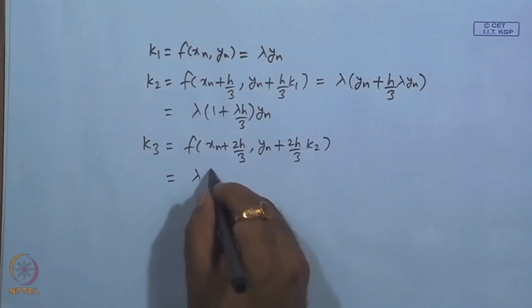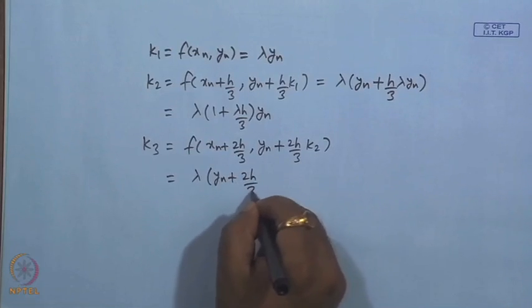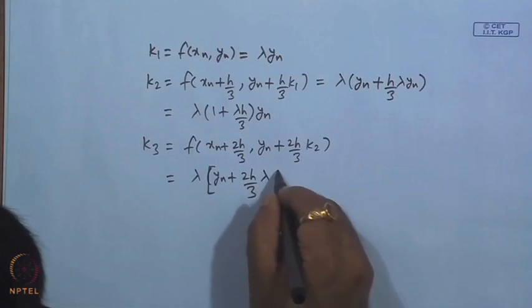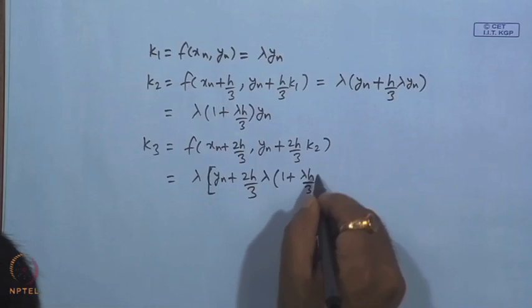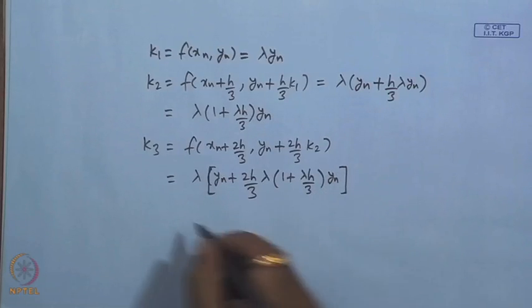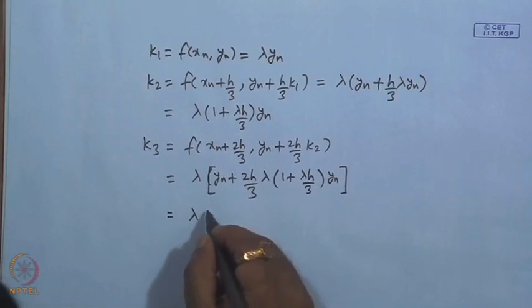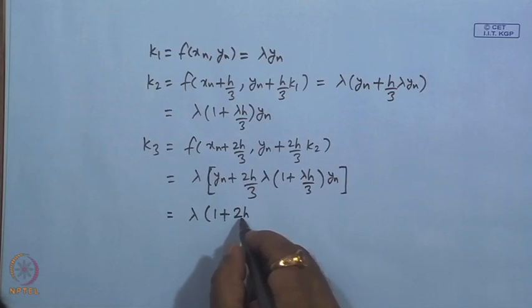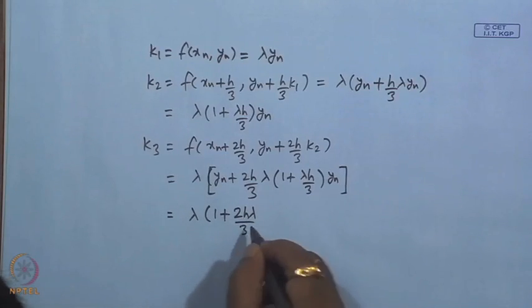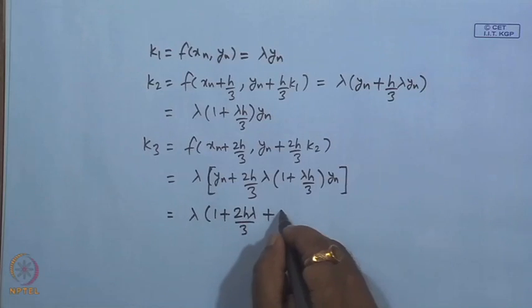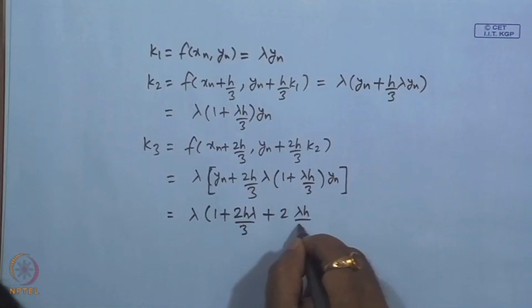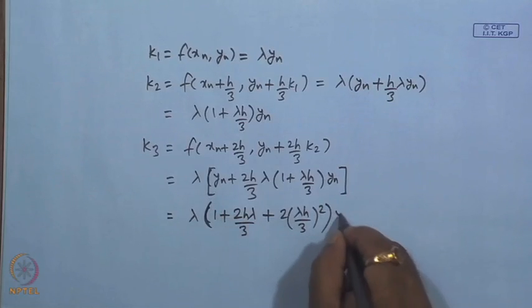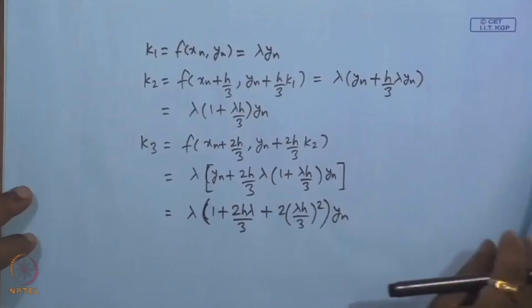So, this will be lambda times 1 plus 2 by 3 h lambda plus 2 by 9 h lambda square y n.